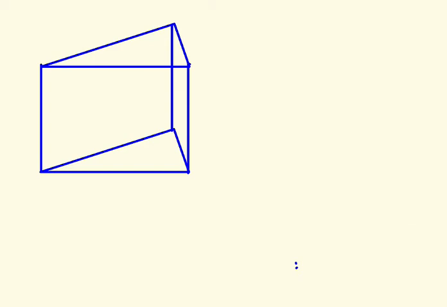This is a three-dimensional right prism, and it's right because the sides are perpendicular to the ground. And this is actually a triangular prism, so this is a triangular base prism.